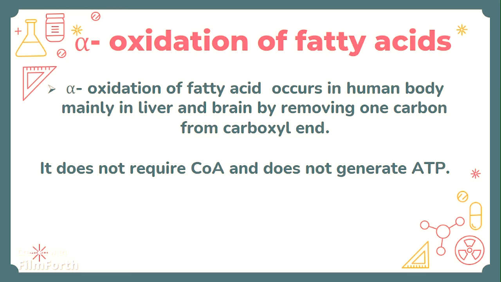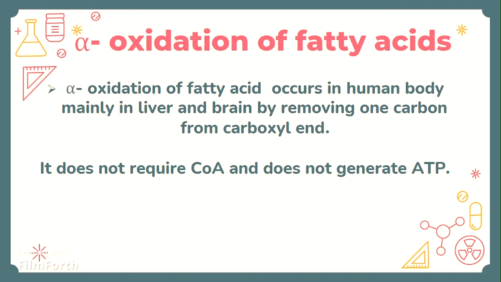It occurs in the human body, mainly in liver and brain, by removing 1 carbon from the carboxyl end. The role of this alpha oxidation is to convert even-chain fatty acid to odd-chain fatty acid, which are the constituent of complex lipids in the brain.